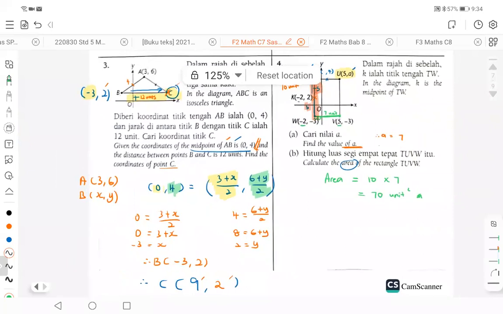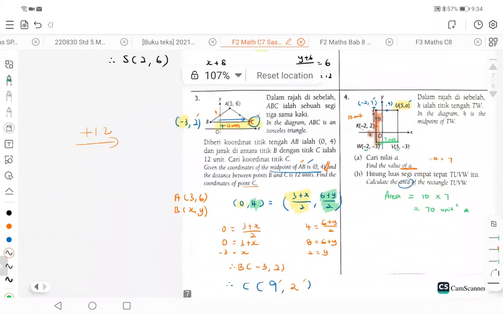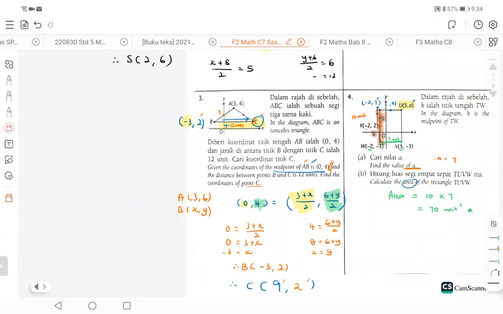Y you already know, so it's just simple. I think you complicate it. Make it smaller, guys. If you have this point, negative 3, move to the right side. Let me write it in a sentence first: move to the right 9 units.